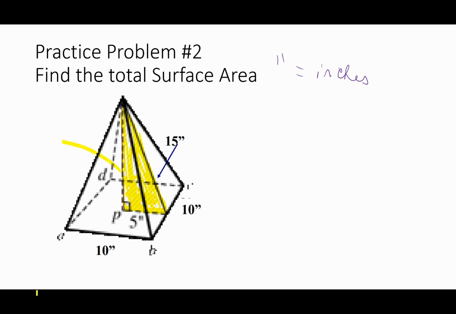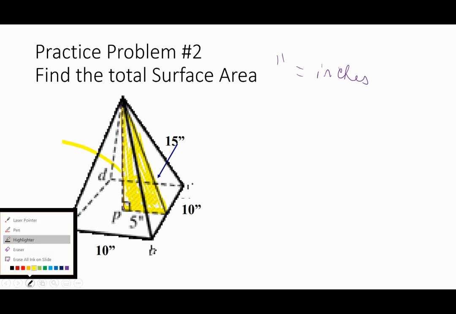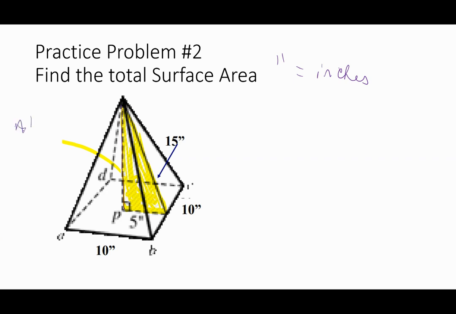So if we were given our altitude of our pyramid, we could calculate the slant height. Look at that. We could calculate the slant height. And the slant height would be calculated using the Pythagorean theorem. So if we were given the altitude, we could find the slant height, but we would need to know this right here.